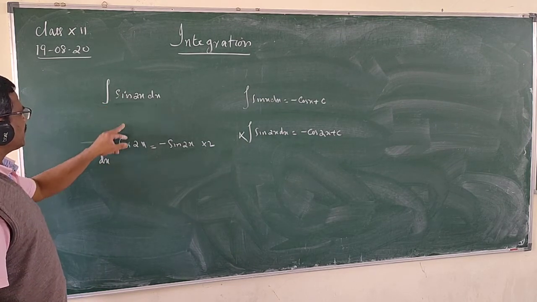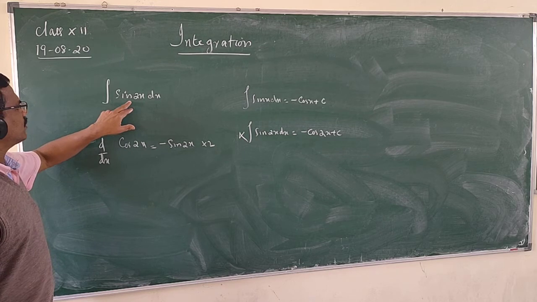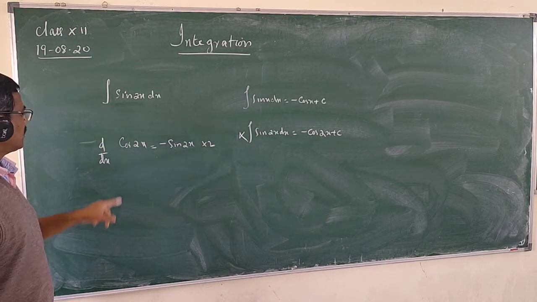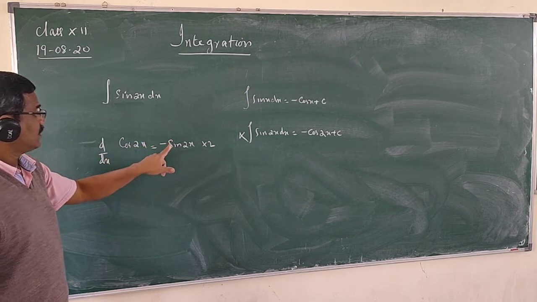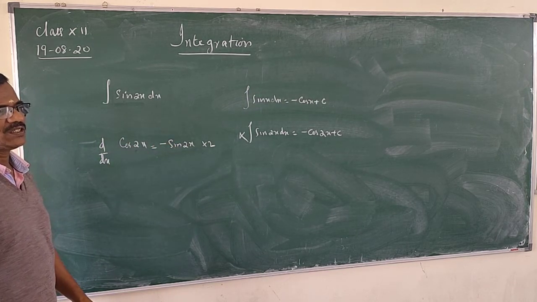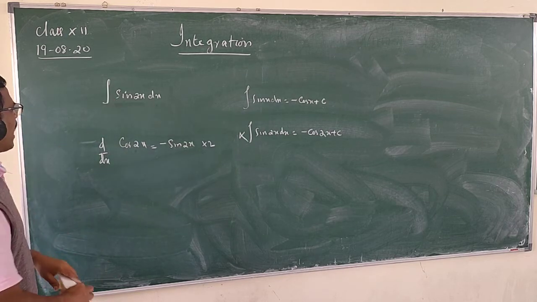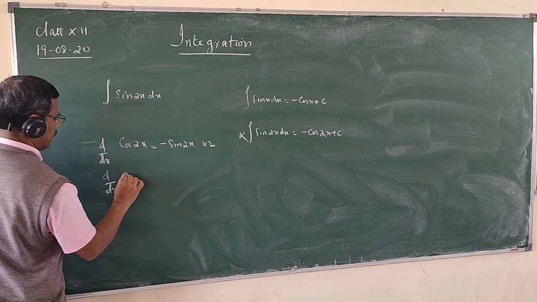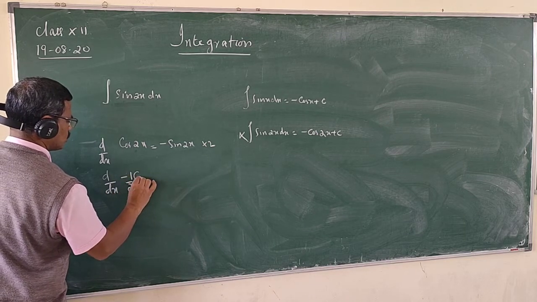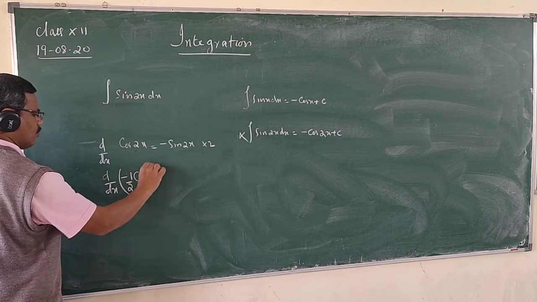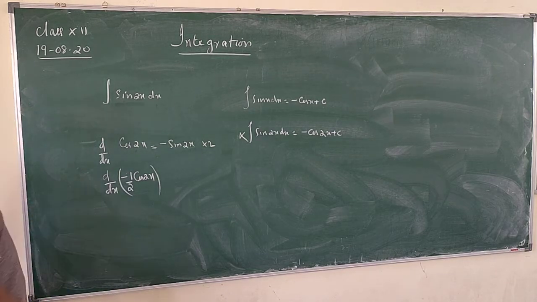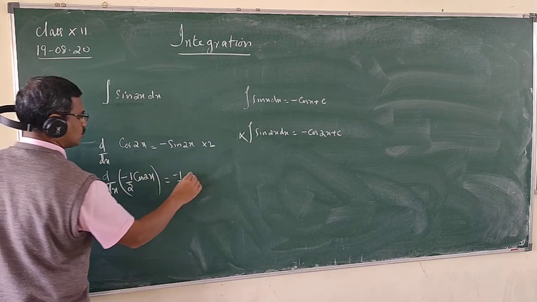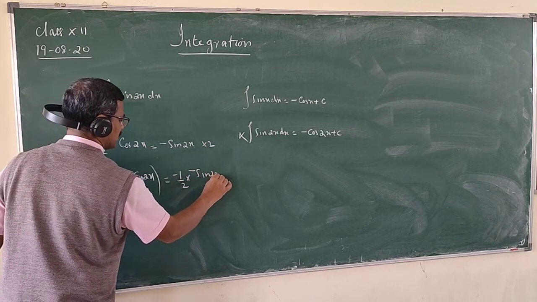So you cannot write the integral of sin 2x directly as cos 2x, because the derivative of cos 2x is minus 2 sin 2x. If you want to get sin 2x, then our function should be minus 1 by 2 cos 2x. If you take the derivative of minus 1 by 2 cos 2x, minus 1 by 2 is a constant, and the derivative of cos 2x is minus sin 2x into 2.